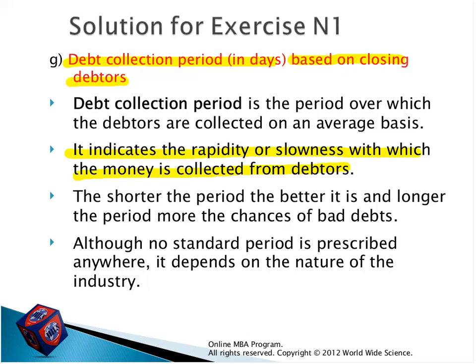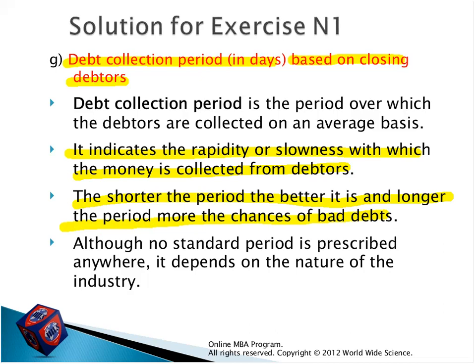And we'll see the results later. The shorter the period, the better it is, and the longer the period is, the more the chance of bad debt. That means the shorter the period in which we can collect our payments, our money, that's the best, good for the company.